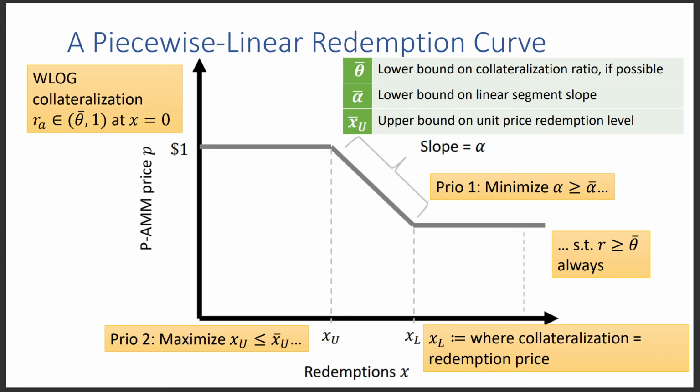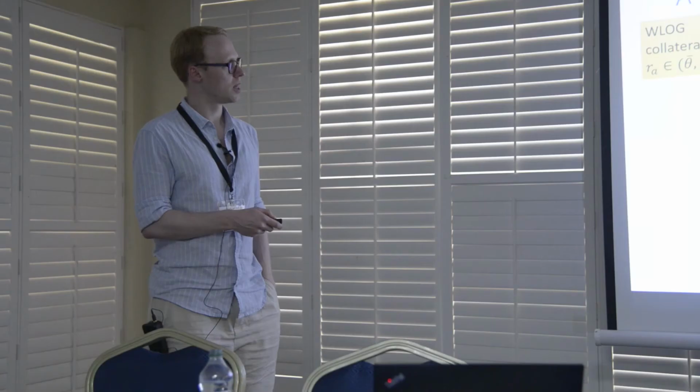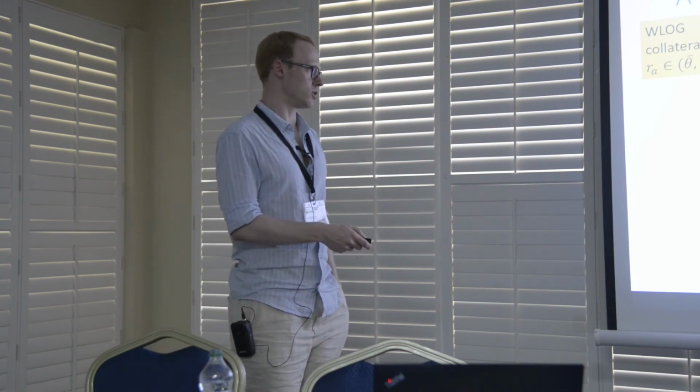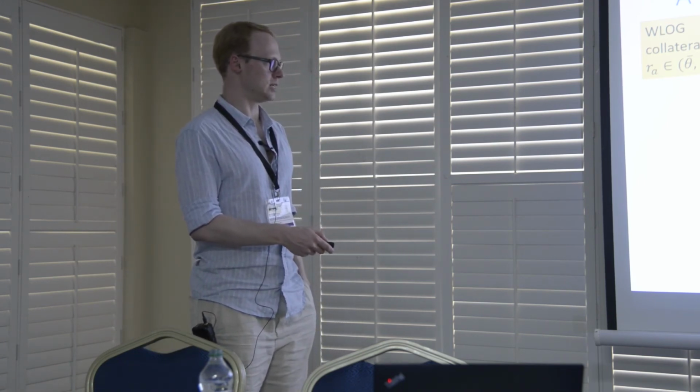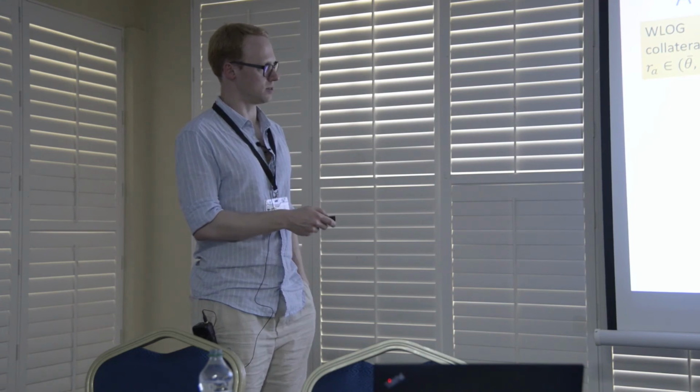We have a segment where we support the price at $1. Then we have a linear segment where we decrease the redemption price linearly. And then finally, at some point, we keep it constant again. And this point is when the collateralization ratio is equal to the redemption price, so that this function is continuous.